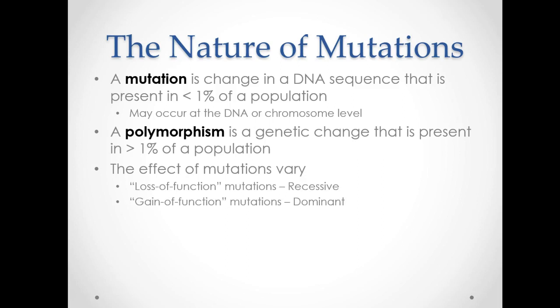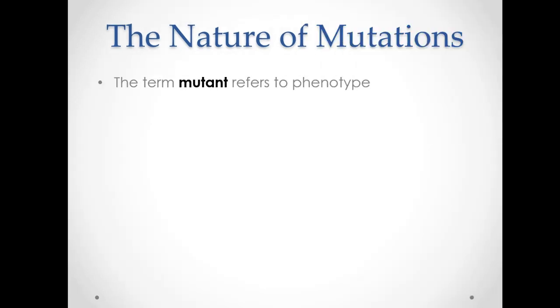Typically, these are things where we have a protein that doesn't work anymore, or a protein that is working, but we're producing too much of it. That could be another example, if you will. And depending on what the overall outcome of that mutation is, is it harmful? Is it beneficial? Is it neutral?